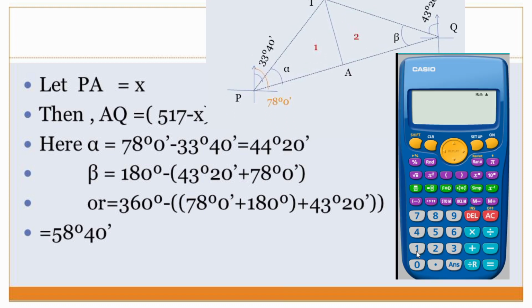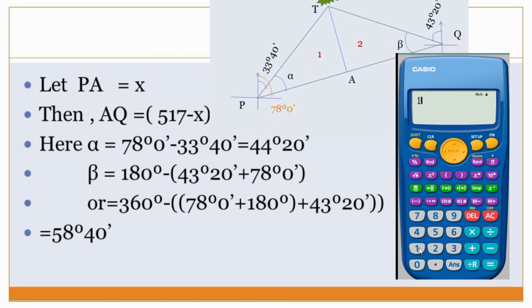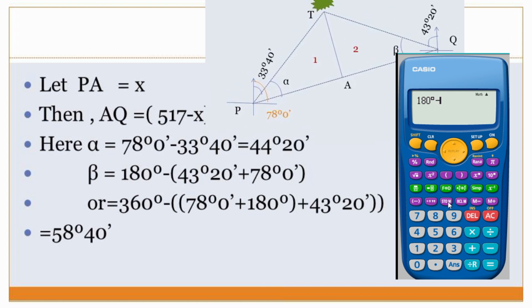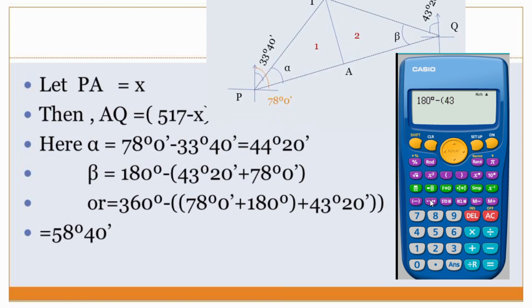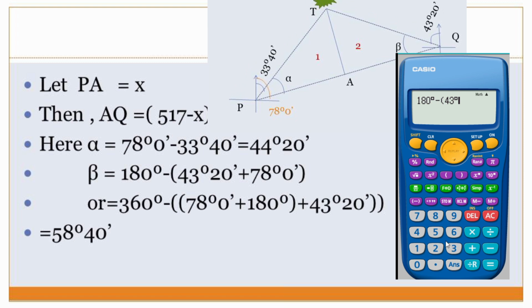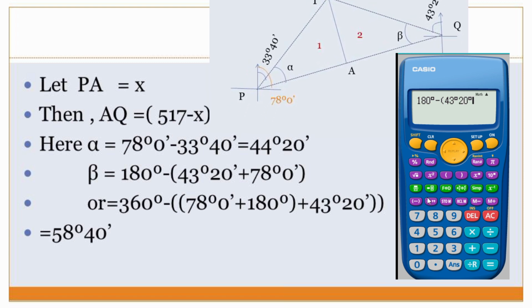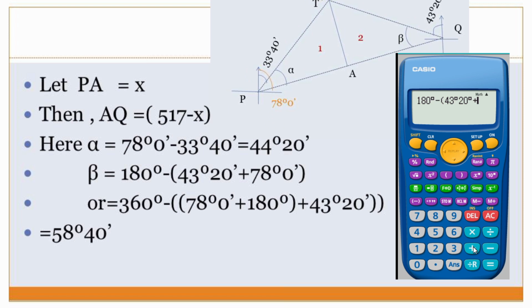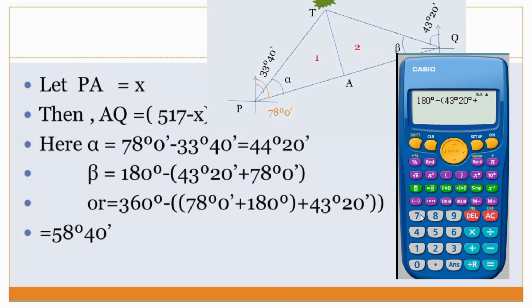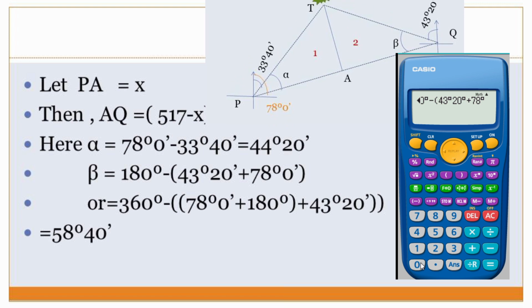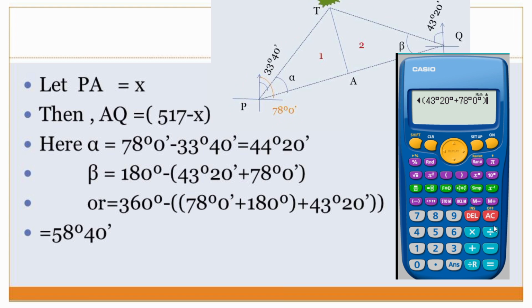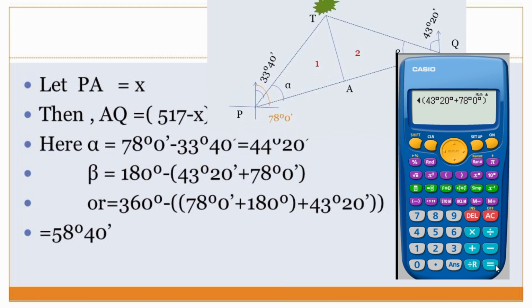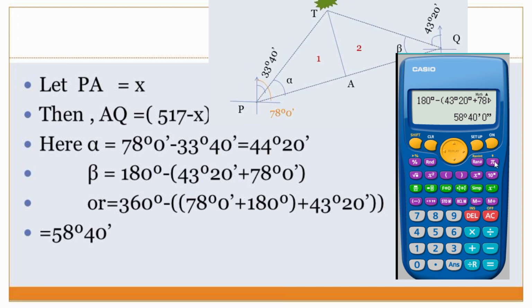By the properties of angles, angles on a straight line add up to 180 degrees. So I add the alternate angle 78 degrees plus 43 degrees 20 minutes, and subtract the total from 180. Our final answer, the beta angle, will be 58 degrees 40 minutes.